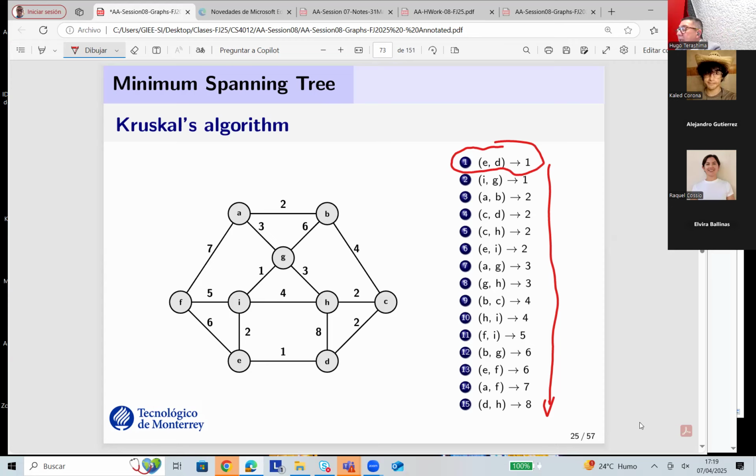Can I put it in the tree? ED. This one. Is that okay? Does it violate anything related to, for example, having a cycle? No. Right. So just put it there.